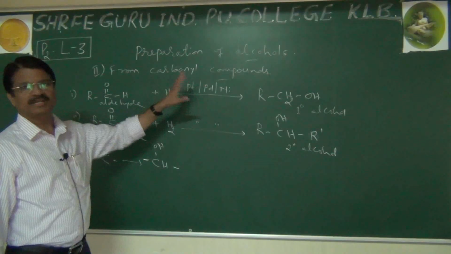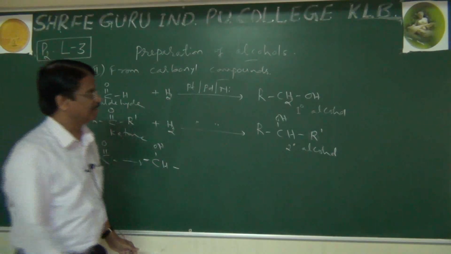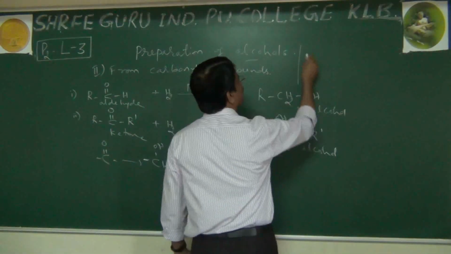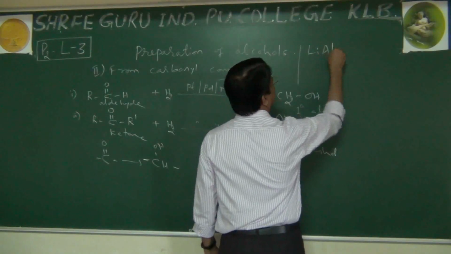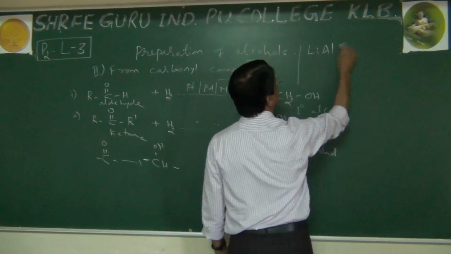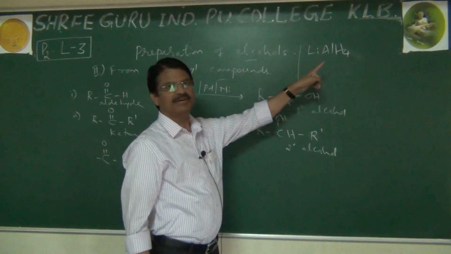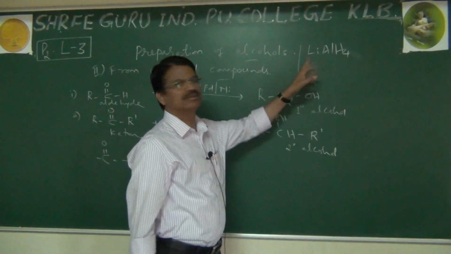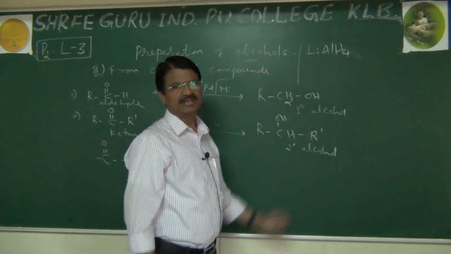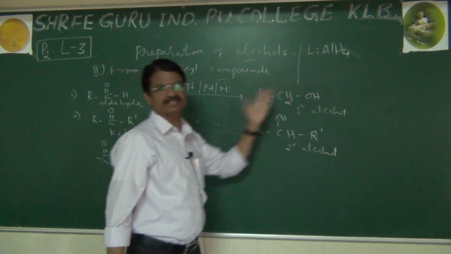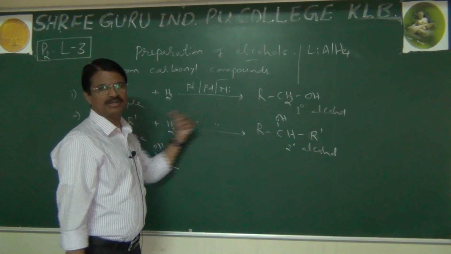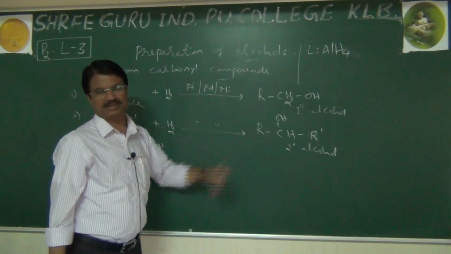And other reducing agents: if this is not available, we can use other reducing agents, namely lithium aluminum hydride. It is a strong reducing agent, the best reducing agent. It also converts an aldehyde into a primary alcohol and a ketone into a secondary alcohol.